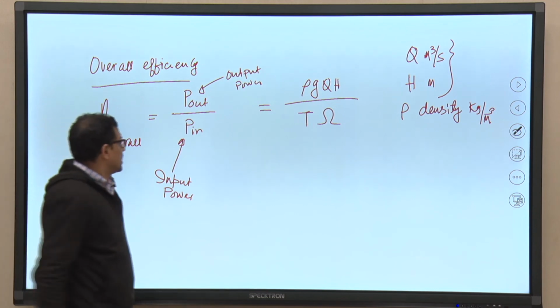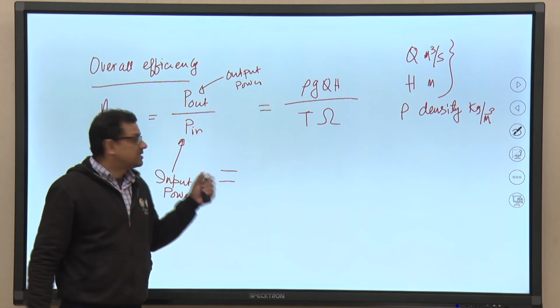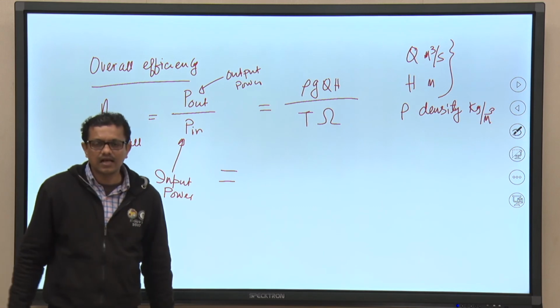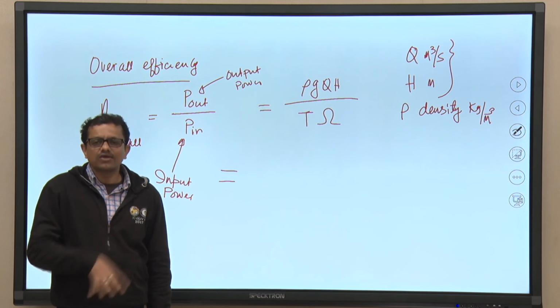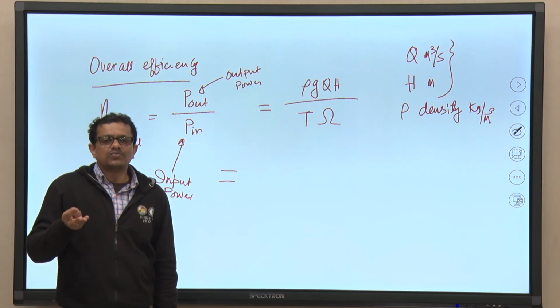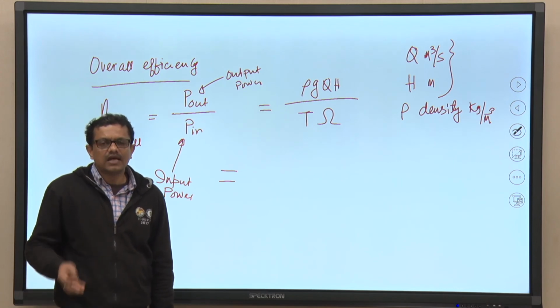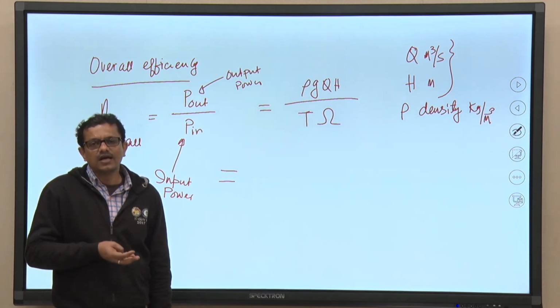Now, can we rearrange these quantities to give a form in which the overall efficiency can be written in terms of the other three efficiencies? The concept of overall efficiency comes from the fact that there are many losses. Losses due to fluid friction and eddy formation are taken care of by the hydraulic efficiency. Losses due to bearings, glands and disc friction are taken care of by the mechanical efficiency.